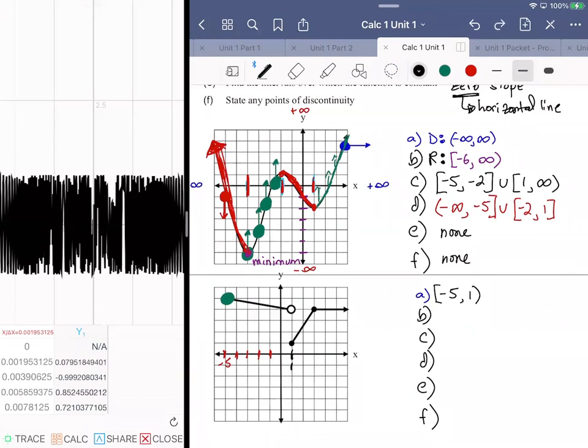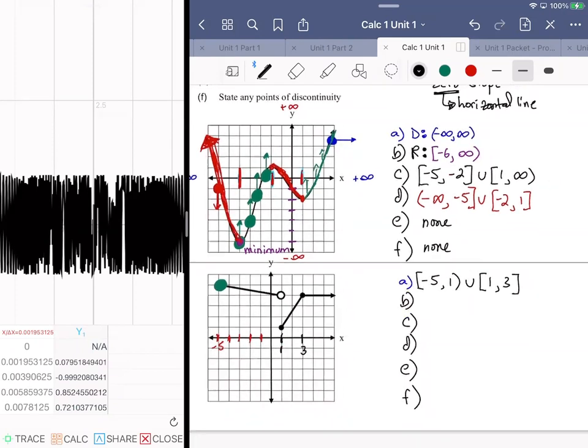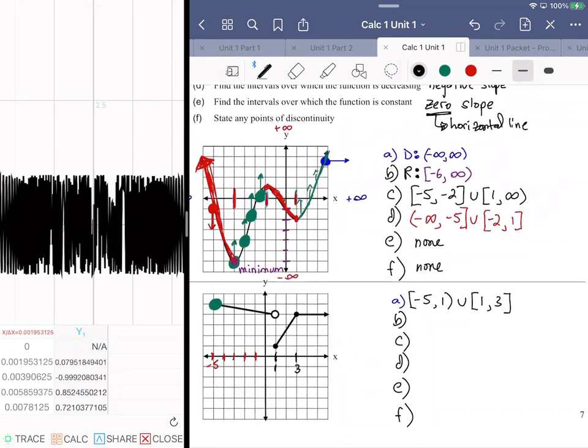But then for the next piece, we would start at 1 and go to 3. Solid point at 3, so we would include that. And then that last piece, this one over here, would start at 3 and go to infinity. So that's one possible way of writing it.